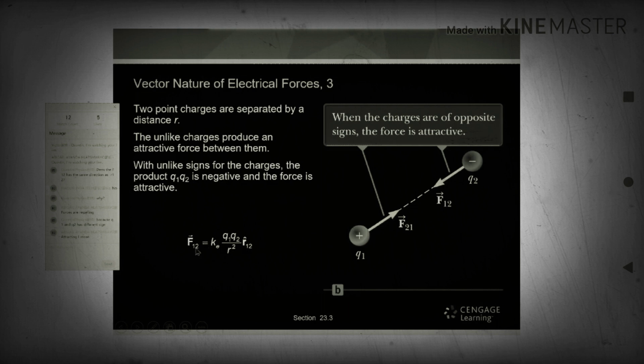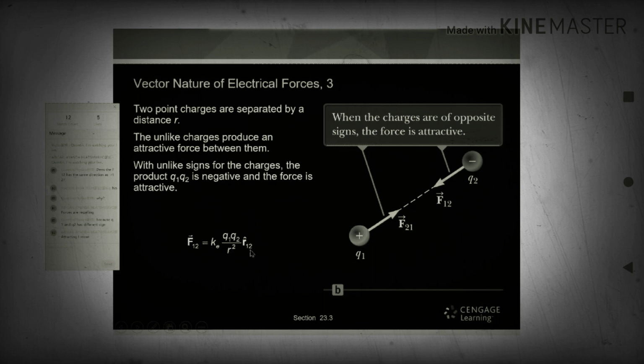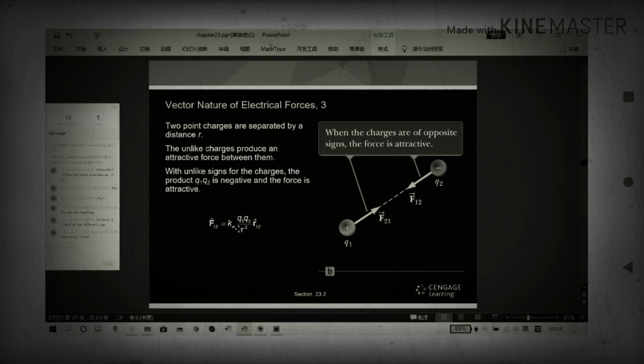We don't have to change this equation, because R12 is still from Q1 to Q2. But the Q2 times Q1 is negative. This means F12 has the opposite direction as R12, like we drew it on the picture. So the equation still holds, although the condition is different.